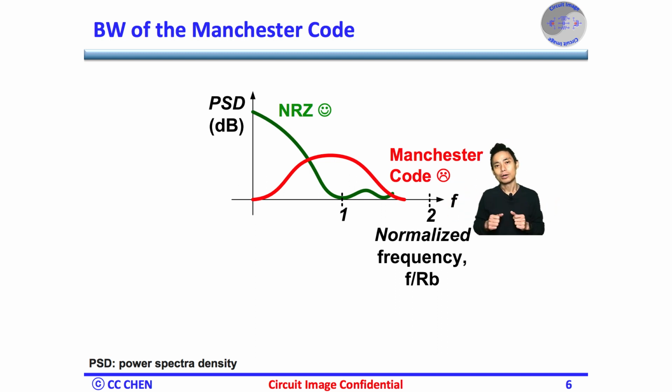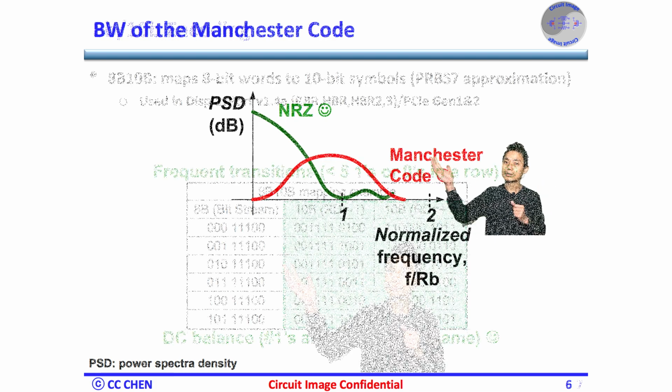To be straightforward, no one can afford 100 gigabit per second data throughput but require running at 200 gigabit per second, with more than twice the power and much higher design challenges in the link. So let's go through other line codes.